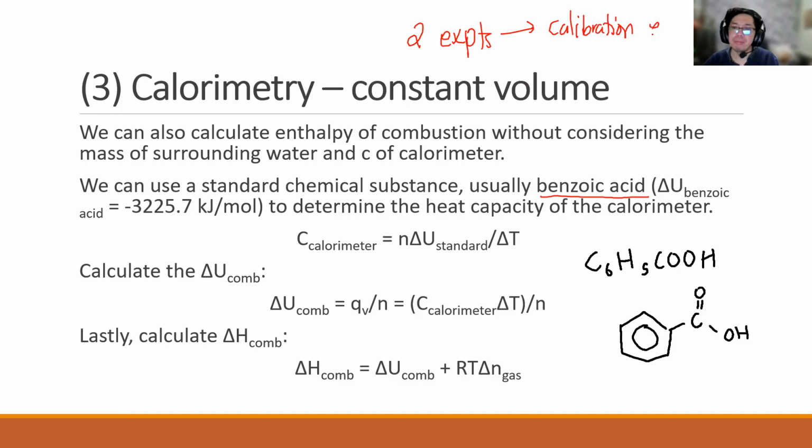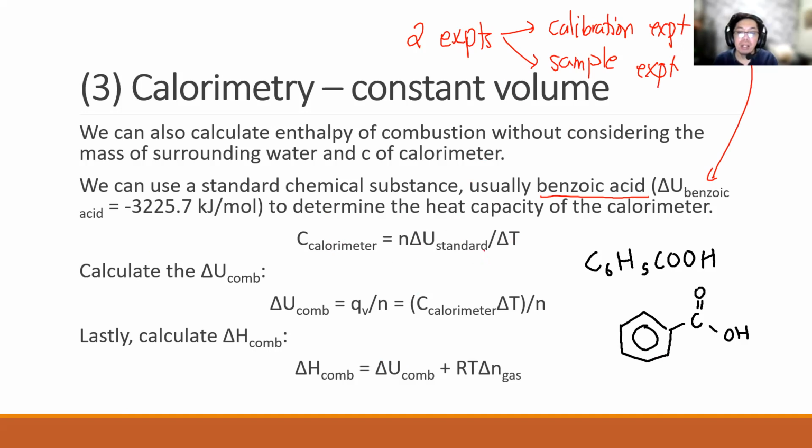In the calibration experiment, the values for benzoic acid are given, like the mass of benzoic acid and the change in temperature when they perform the combustion of benzoic acid. The next experiment will be the sample experiment, where your real sample comes in. So, what can we determine from the calibration experiment?